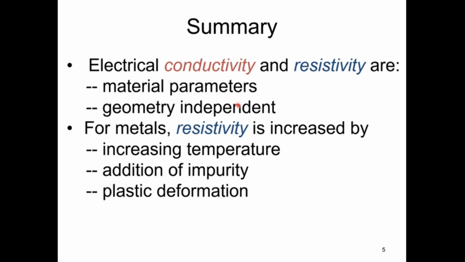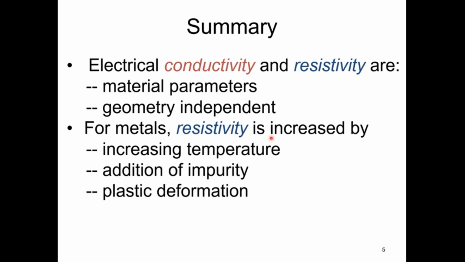For metals, the resistivity is increased in three ways. The first one is increasing temperature. If we increase the temperature, the resistivity of a material is also increased. This is due to the thermal vibration of the metals that induces the increase in resistivity.